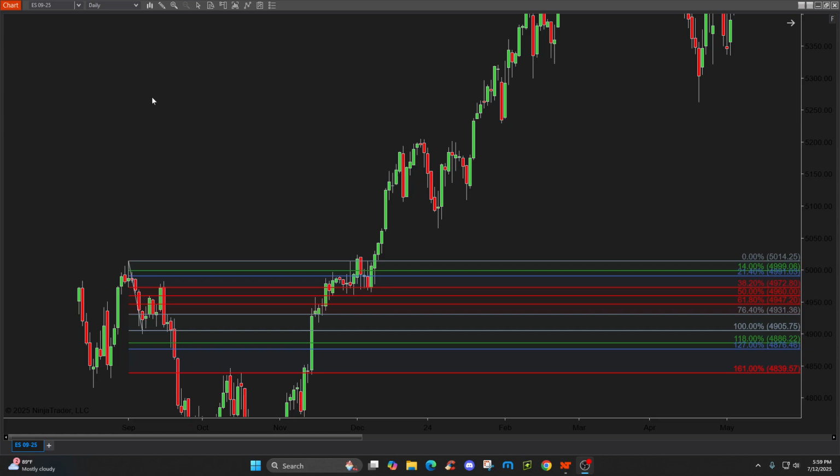And there are the levels: red goes to red, blue to blue, and green to green. And this is Fibonacci Retracement.